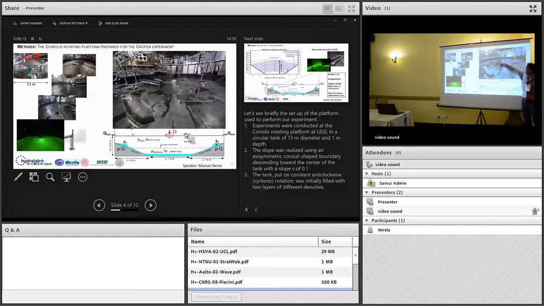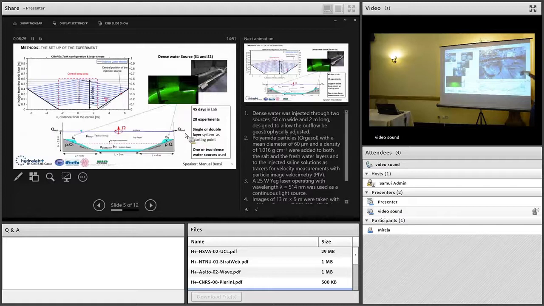This is the deeper part, and we have two dense water injections, S1 and S2, where dense water was released with different characteristics, and several measurements of currents, both on the slope and the outflow of the dense water injections, and in the center of the tank.